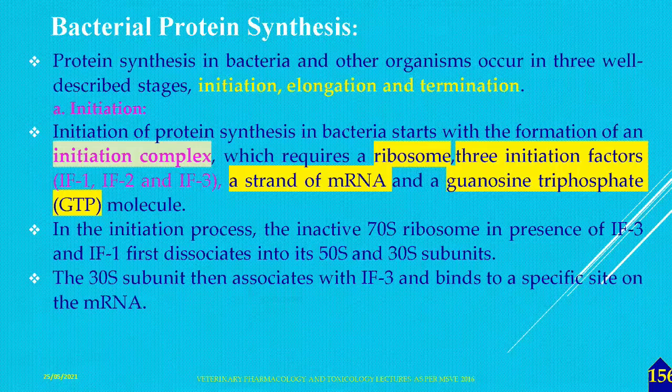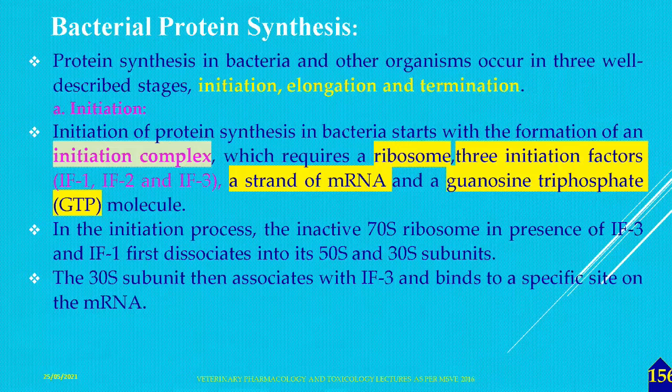Then the protein synthesis in bacteria and other organisms occurs in three well-developed stages. Number one is initiation, then elongation and termination. The initiation of protein synthesis in bacteria starts with the formation of the initiation complex, which requires a ribosome, three initiation factors, that's IF1, IF2 and IF3, a strand of mRNA and a guanosine triphosphate or GTP molecule.